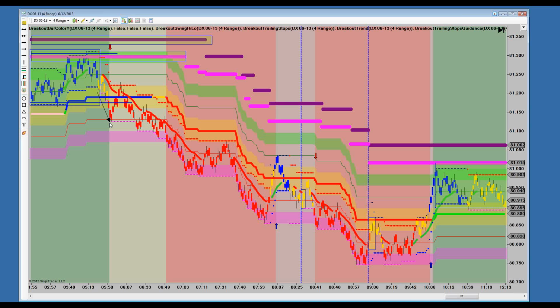In fact, if you see some of the names of our indicators, a lot of them have the term breakout in front of them: breakout bar color, the swing high low, the trailing stops, et cetera. We kept that nomenclature because so many people were used to it, and to change it would have been a major deal. So we just left the term breakout. However, most of you know we have changed our style and approach to trading to what we call retracement or probe or pullback type trades.